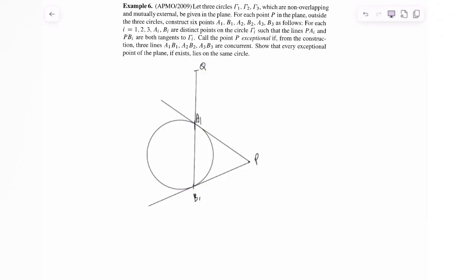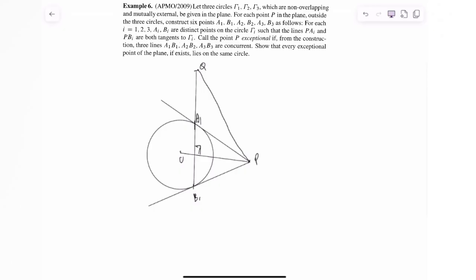Okay, now we have center O. OP is 90 degrees.